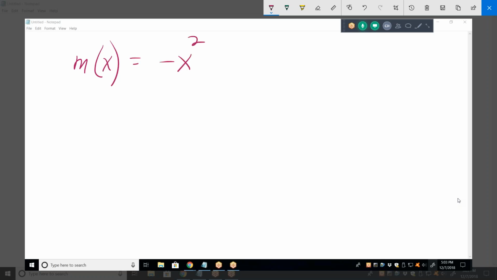What was the rest of it? Plus 14x. And x is in rainfall. Now, what kind of an equation are we looking at? Quadratic. Okay, good.